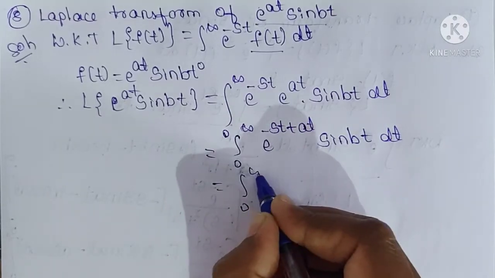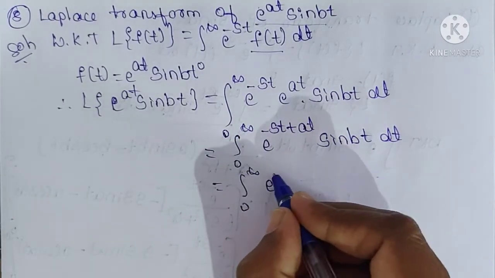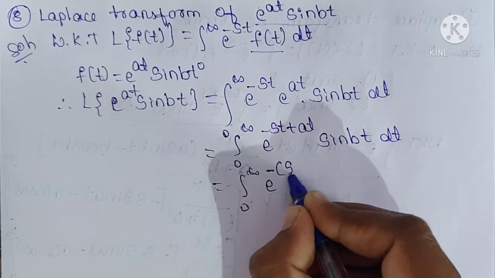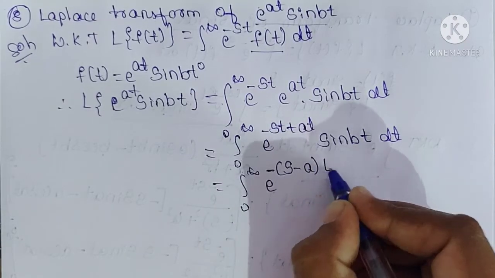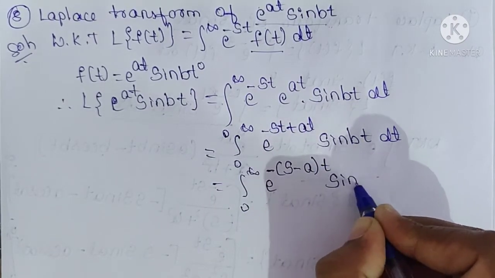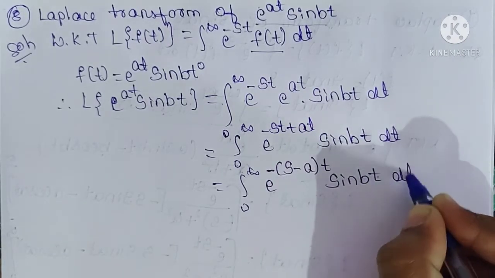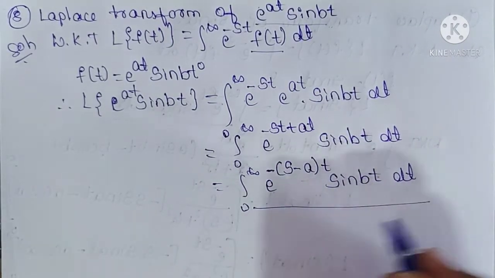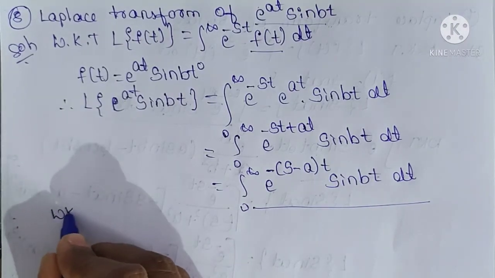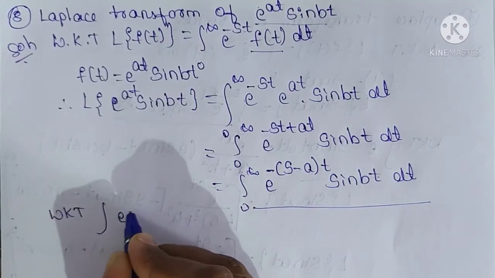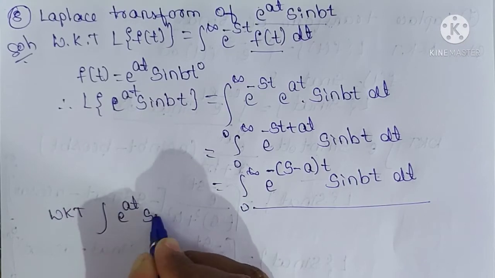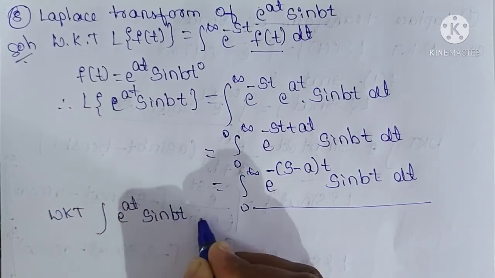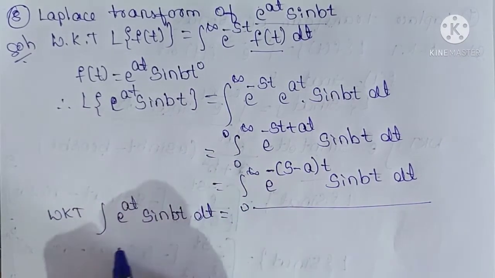0 to infinity, here you take minus t as a common factor, remaining you will get s minus a of t, sine bt dt. This integral term is of the form e to the power of at sine bt dt. See, this is the standard form.